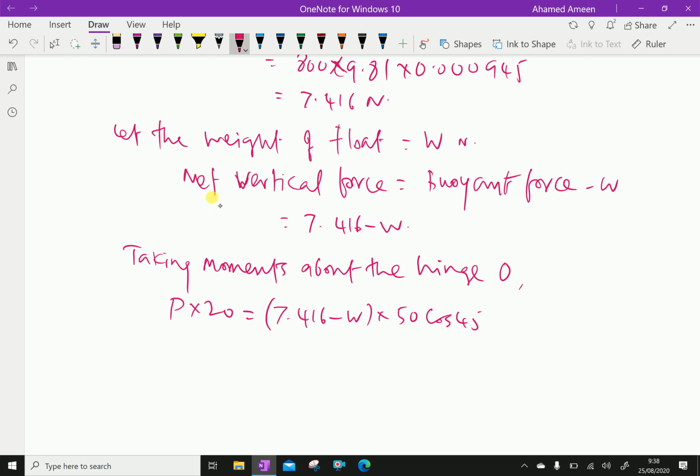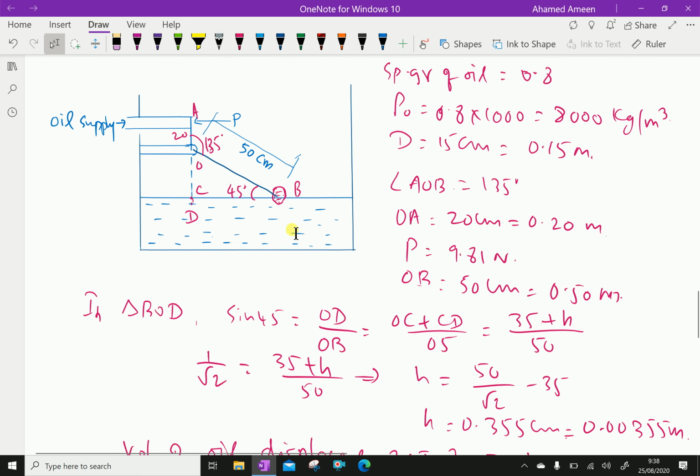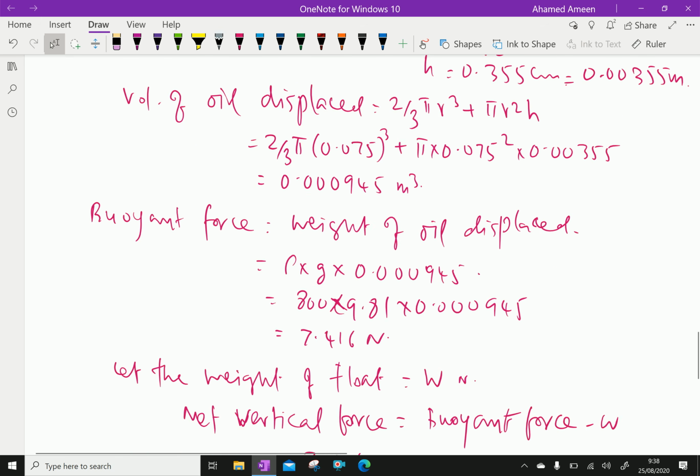Here we have to find BD. That BD is 50 cos 45 because this is 50 cos 45 of this line BD now.